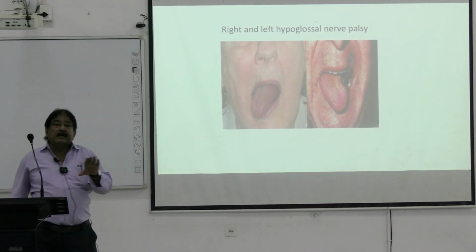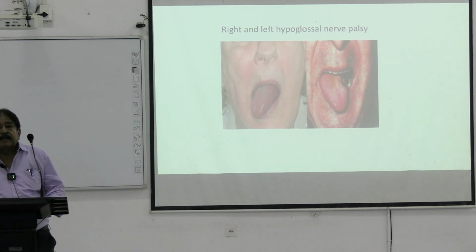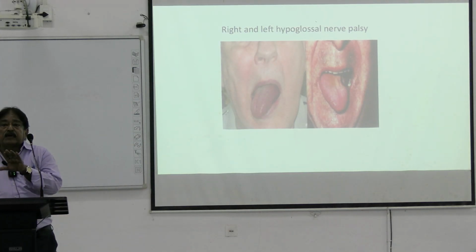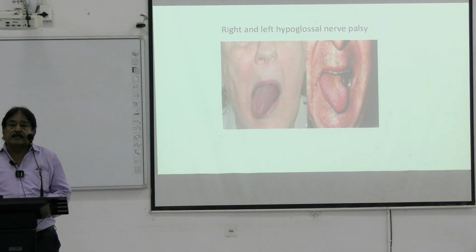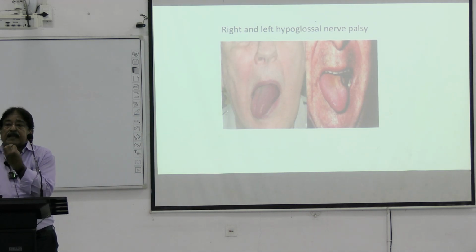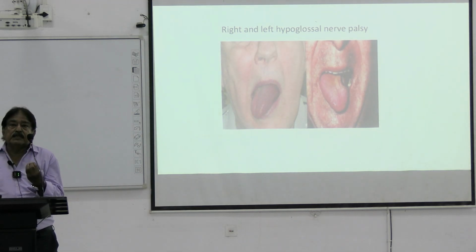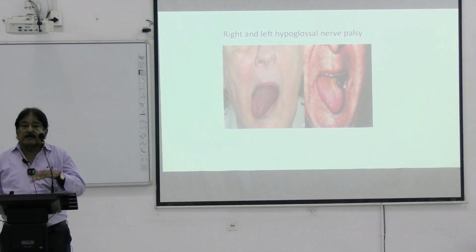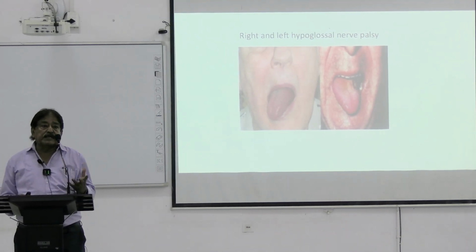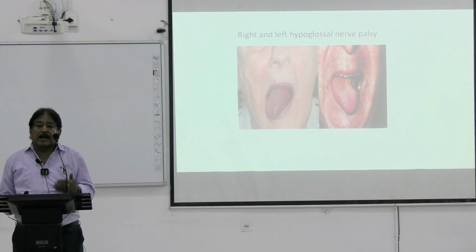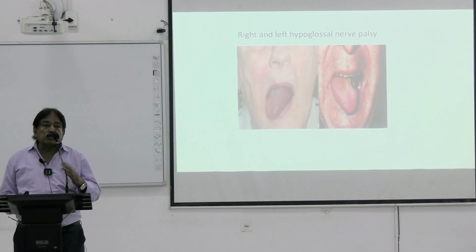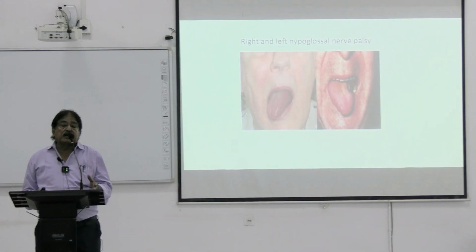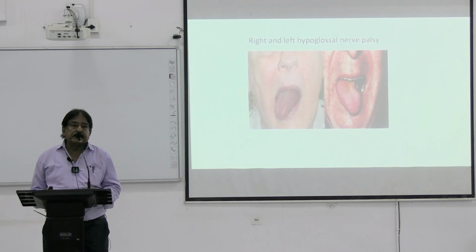That's why tongue examination matters. The tongue is an important organ that gives you many clues regarding the surface. If it is thickly coated with high pyrexia, then it goes in favor of typhoid.